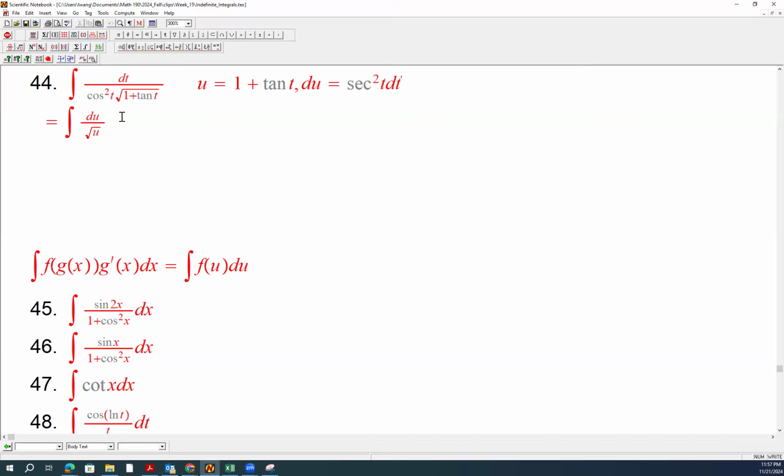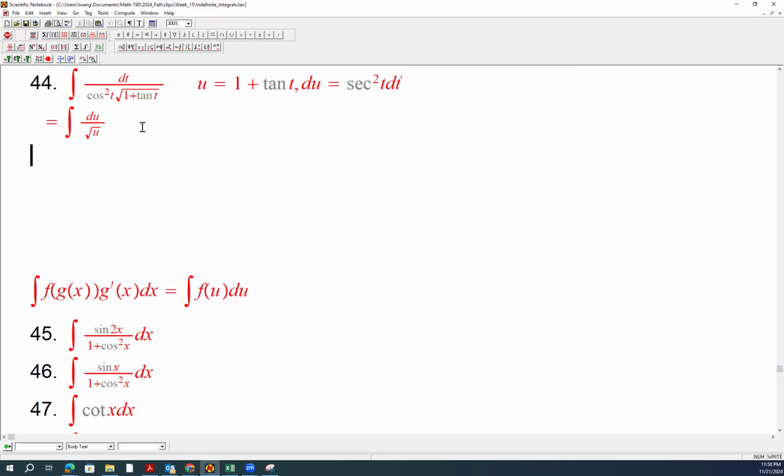With some familiarity with trigonometry, trig functions, with definition, we need that cosine and secant are reciprocal to each other. So we got a secant squared right there. This is basically 1 over cosine squared is secant squared.